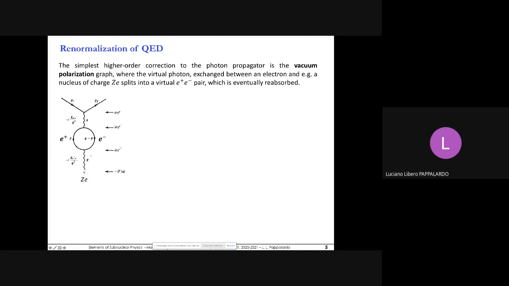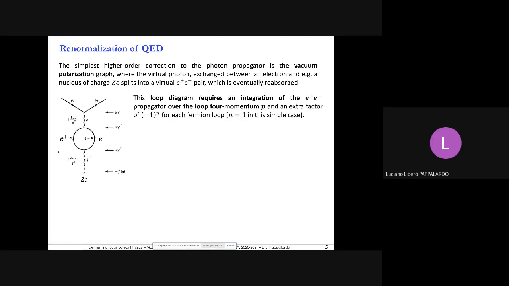So this is a higher order process because we have now two additional vertices, one here and one here, where our virtual photon essentially decouples into a virtual pair of e+, e-, which are then reabsorbed in the time allowed by the uncertainty principle, of course. Now, this loop diagram requires an integration of the e+ e- propagator over the loop four-momentum p.